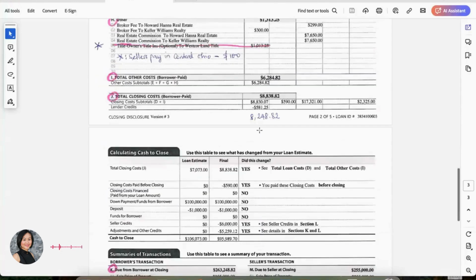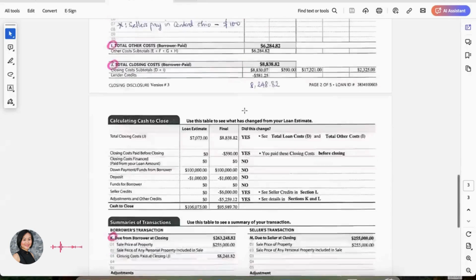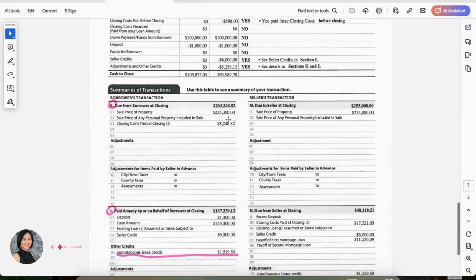The I is down here. And so the total amount would be 8830, okay? But there's a lender credit of $581. So technically the total closing cost is going to be 8248.82. All right, we're going to carry that number to the next page right here.